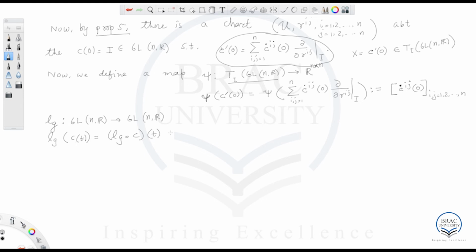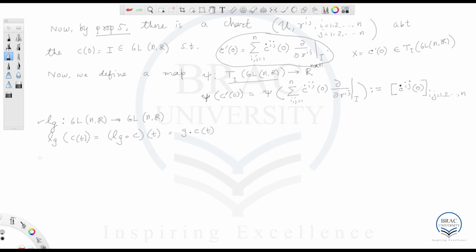So this is nothing but g times C(t). This multiplication is matrix multiplication of two invertible n times n real matrices. Now, this is a smooth map from the smooth manifold GL(n, R) to itself.